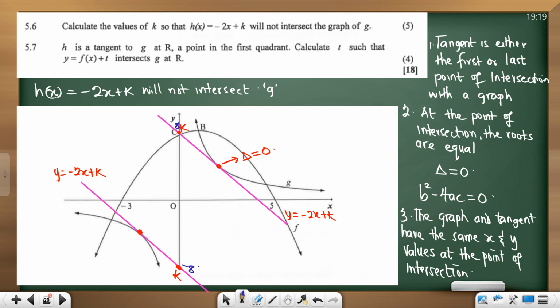At this point, they are intersecting. If I don't want them to touch the graph, what should I do? I should move this. I don't want this line to touch this graph. I'm saying when k is equal to 8, it's going to touch. Check if k is greater than 8. Is it touching?